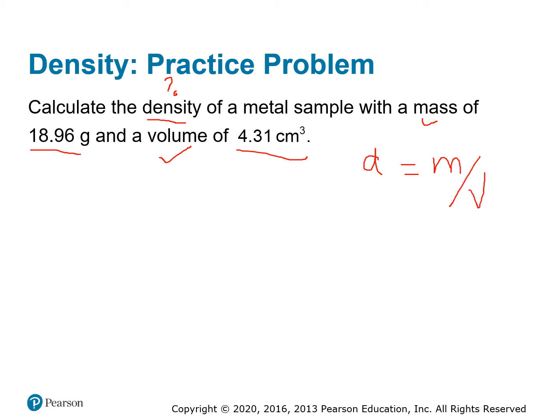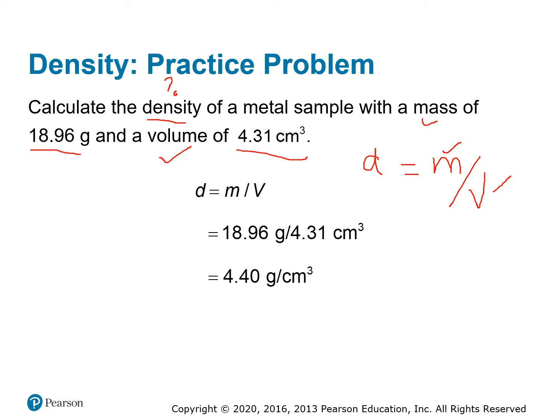So now you substitute the mass, which is 18.96 grams, and the volume, which is 4.31 cubic centimeters, and do the math. Divide mass over volume and calculate the density, which will be 4.40 grams per cubic centimeter.